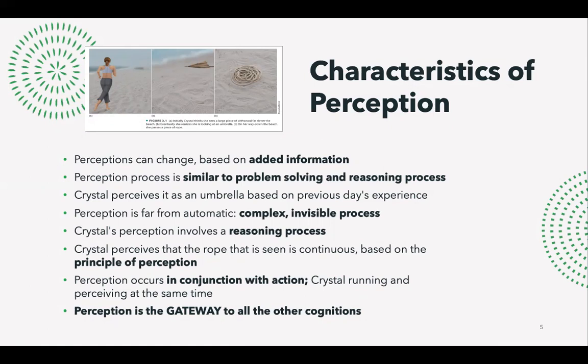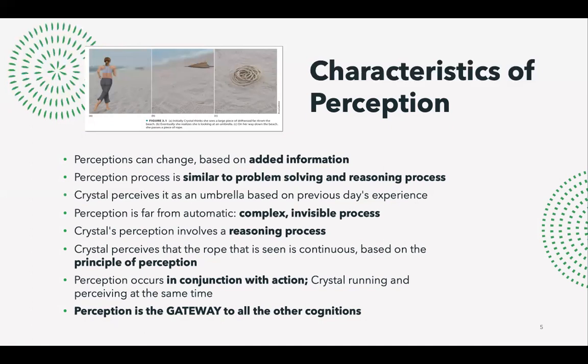And in most cases, perception occurs so rapidly and effortlessly that it appears to be automatic. But as we will see later in this video lecture, perception is far from automatic. It involves complex and usually invisible processes that resemble reasoning.